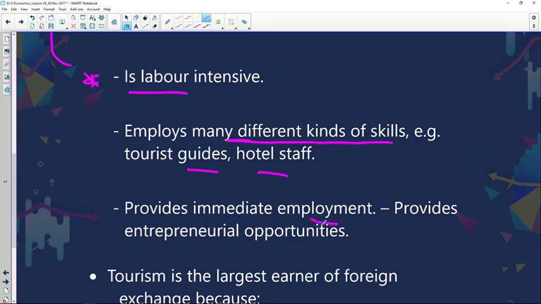It provides immediate employment. It provides also entrepreneurial opportunities. I just look around and see how many people now own their B&Bs. That's an entrepreneurial opportunity, because those people have identified a gap in the market and they've actually done something about that gap.